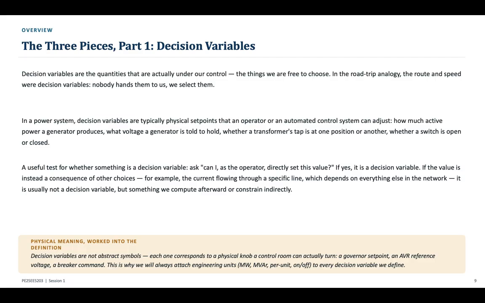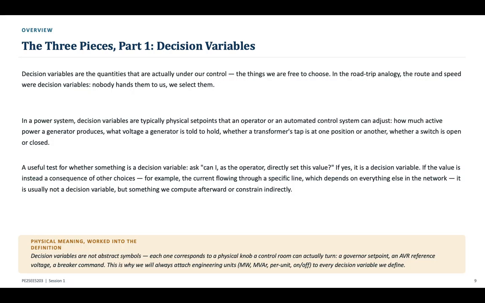When we talk about decision variables, these are the quantities that are actually under our control, the things you are free to choose. The example I was giving you was the road trip analogy. The route and speed were decision variables, and nobody hands them to us.